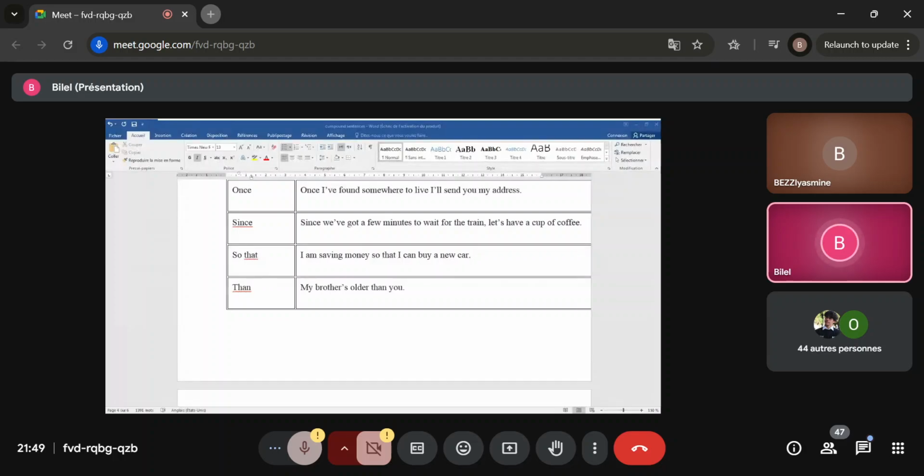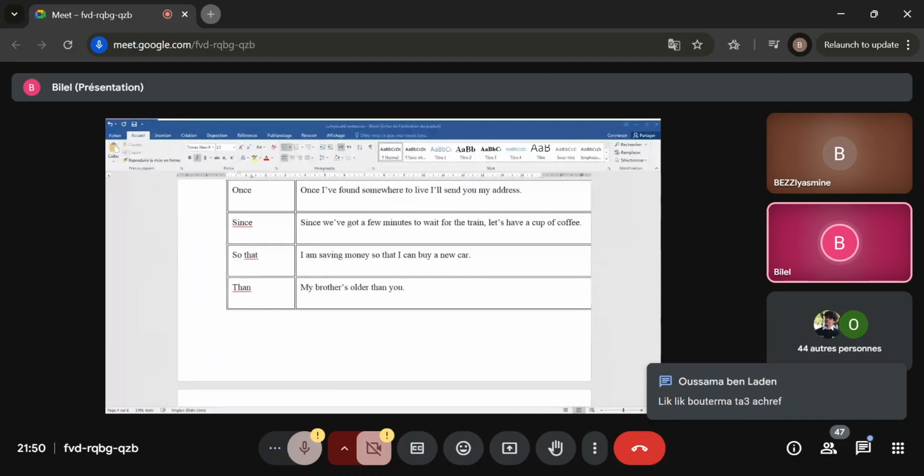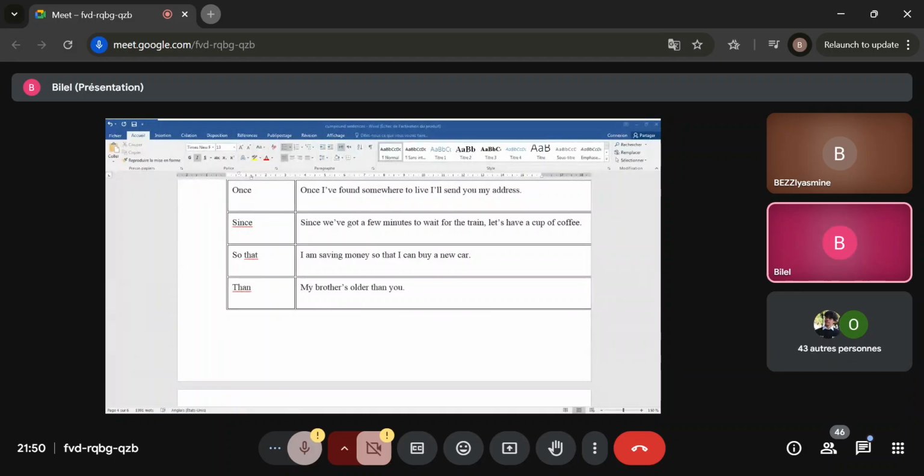All these parts are called a compound sentence. When we join one independent clause plus a dependent clause, we call it a complex sentence.